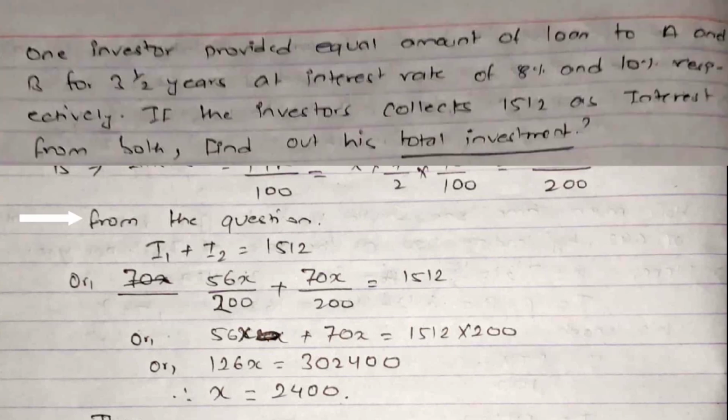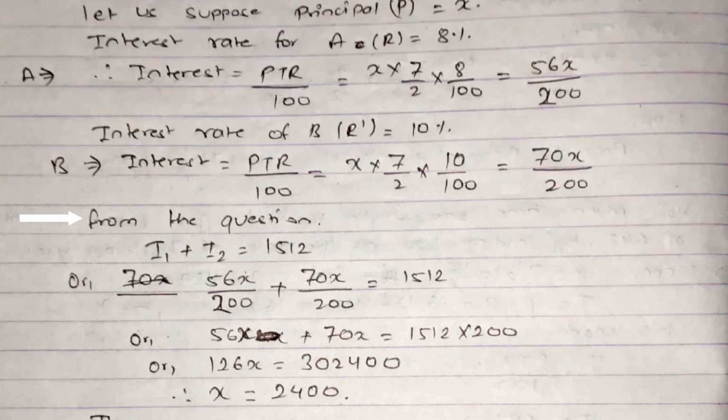So according to the question, the investor collects 1512 as interest from both. So adding both interests, we get interest 1 plus interest 2 is equal to 1512. We have calculated interest 1 to be 56x by 200 and interest 2 to be 70x by 200. Now taking LCM, 56x plus 70x is equal to 1512 times 200, as we have taken LCM as 200.